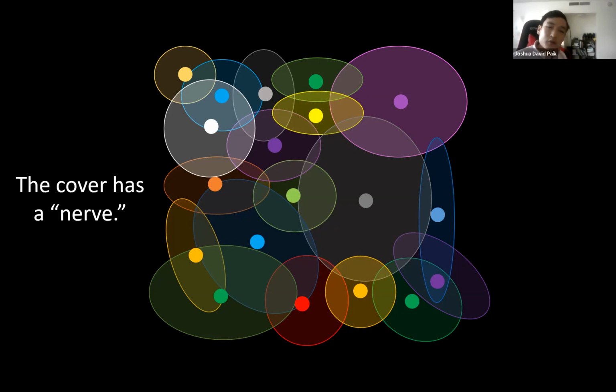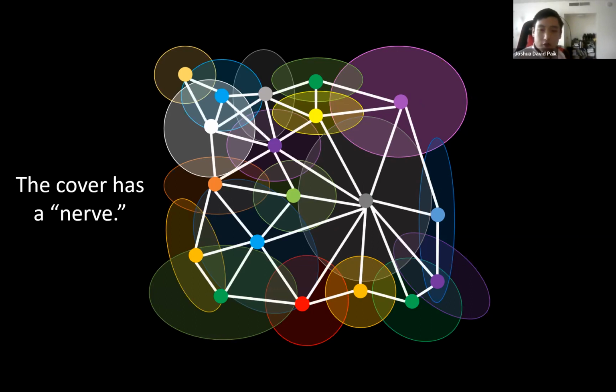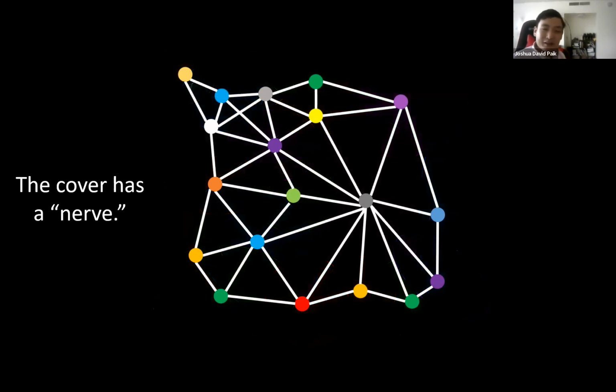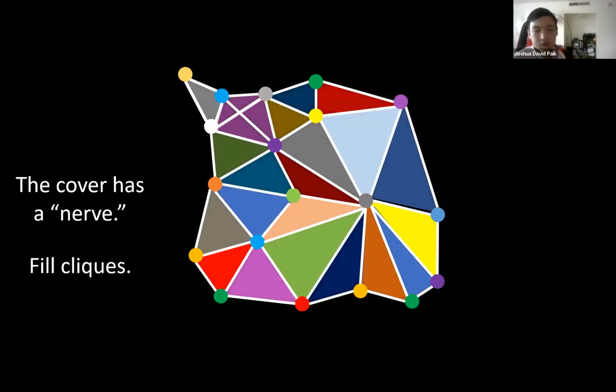So for example, we see this pink place field and this yellow place field. They have a non-empty intersection, so we can draw an edge between them. So let's just draw all of the edges. Okay, so that's nice, but at the beginning we said we're doing topology, so we're going to fill in max cliques. We're going to fill in simplices.